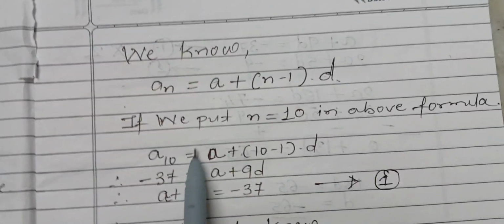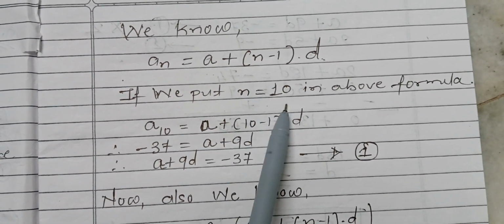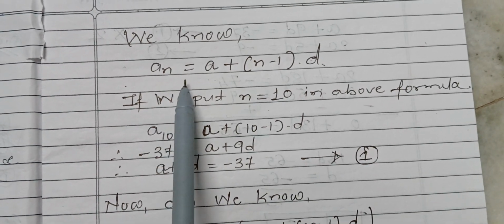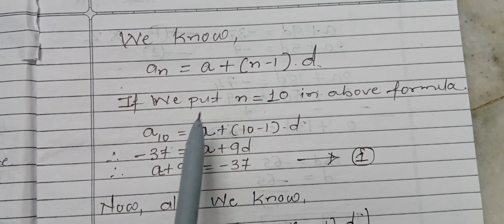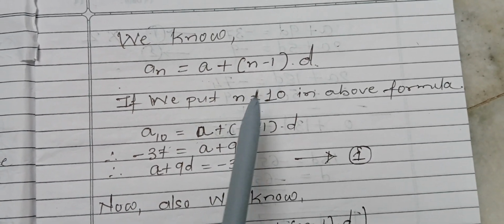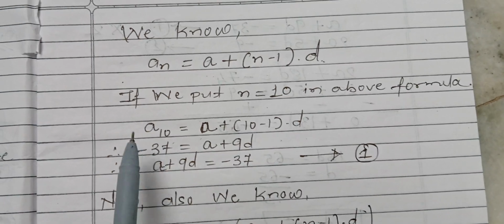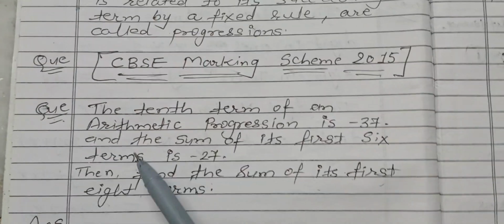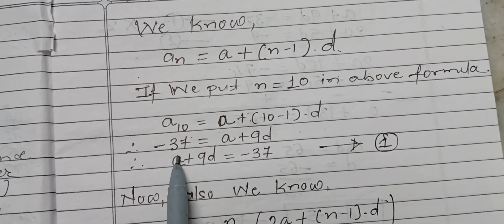If we put n equal to 10 in the above formula, what do we get? a10 equals a plus 10 minus 1 into d. a10, that is the 10th term of the arithmetic progression, is minus 37. So a10 is minus 37.